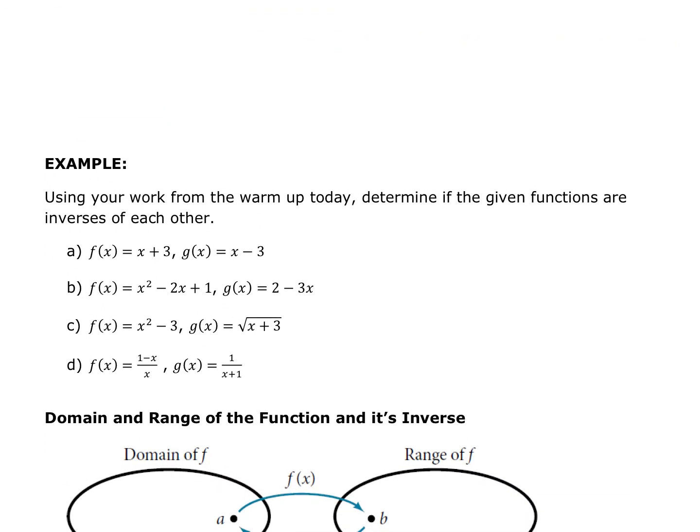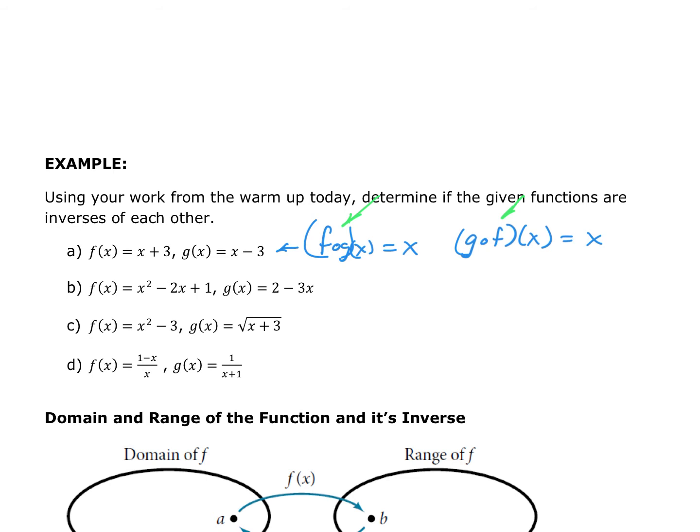So let's take a look at our first example that we did. We said f composed with g of x is equal to x, and g composed with f of x is equal to x. And we said when we did that, the domain of my inner function in this case and the domain of this inner function are both real numbers because of the fact they're linear.